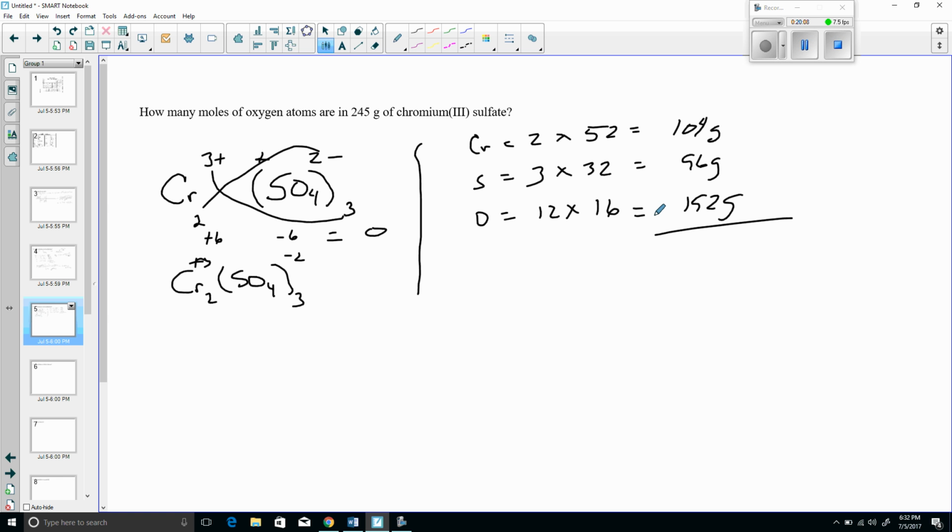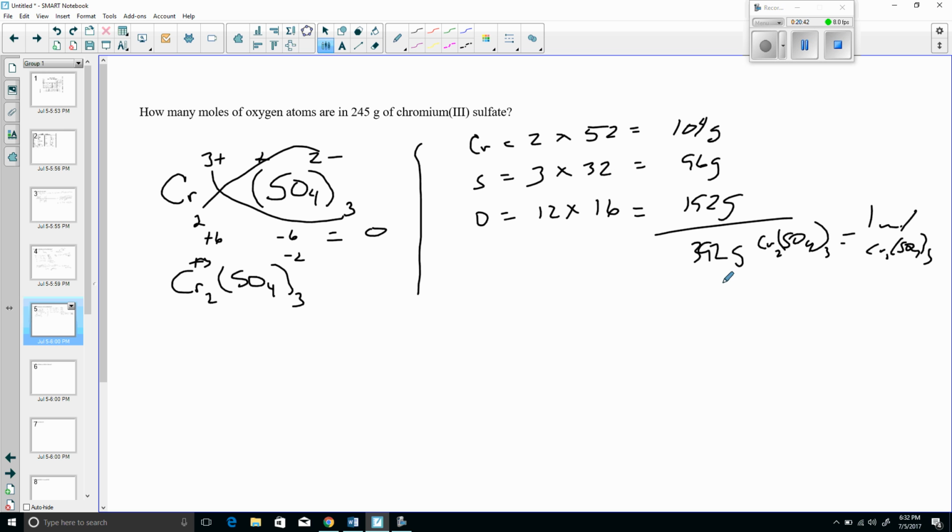Plus, and you get something like 392 grams of Cr2(SO4)3. Make sure you put that parentheses in there. And that's what it is. 392 grams of that equals 1 mole of Cr2(SO4)3, and sorry for my sloppy handwriting.